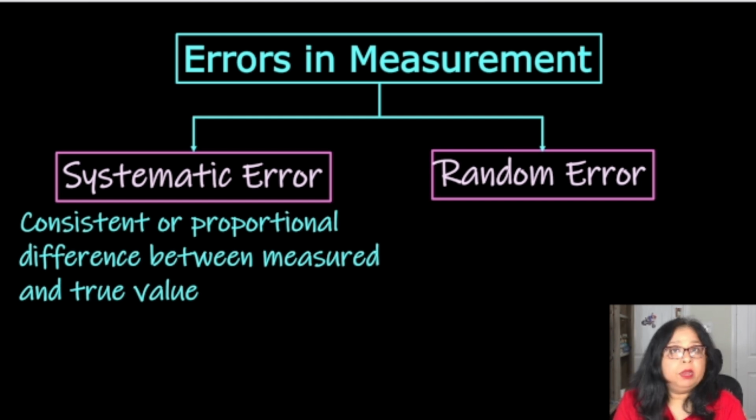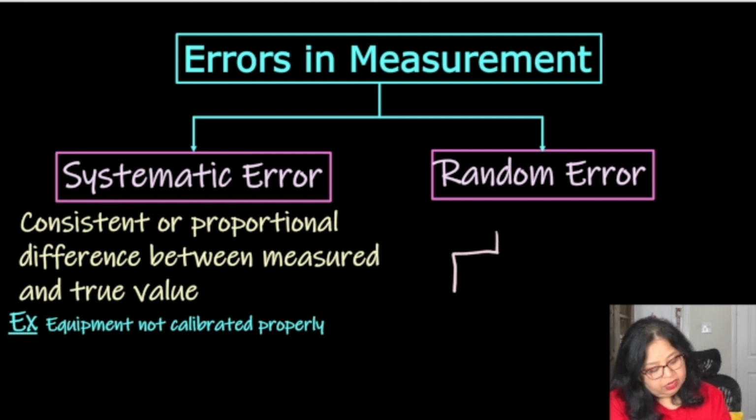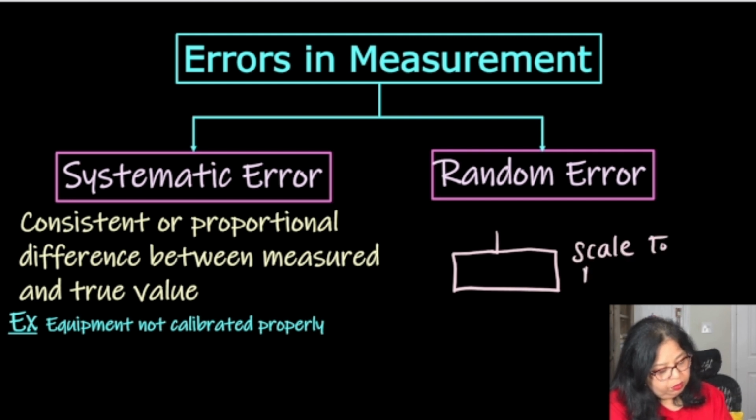There can be several reasons for systematic errors. One of them is that your equipment is not calibrated properly. What does it mean? It means that, let's say, here's your mass measuring device, a scale to measure mass.